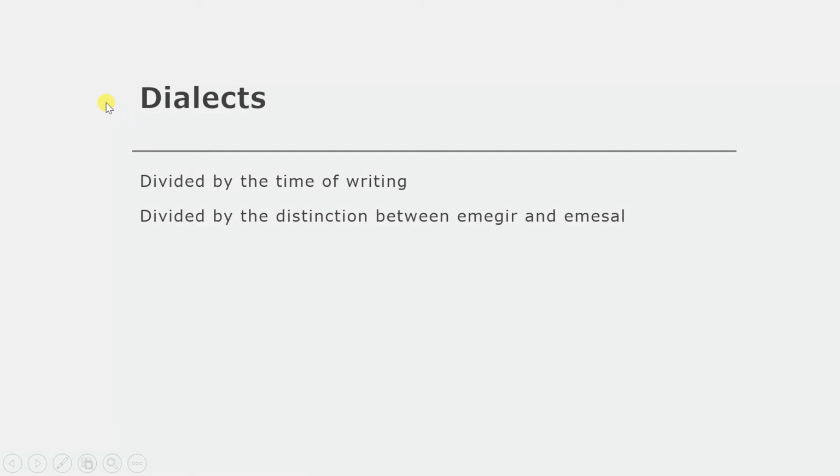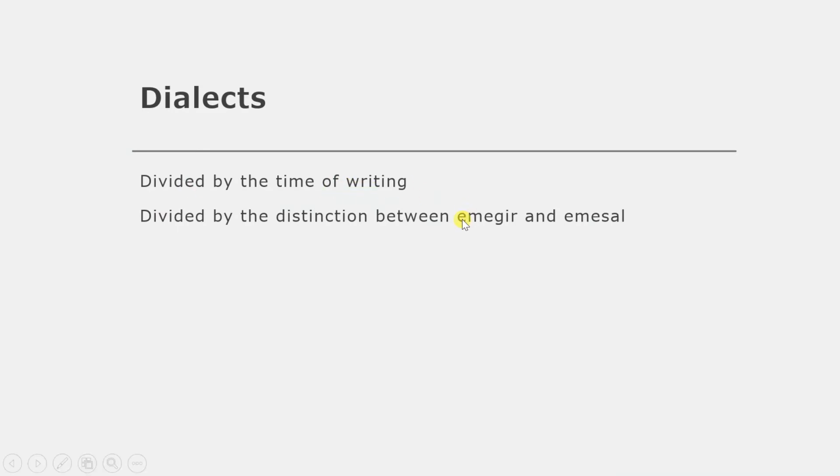It's also quite interesting to talk about the dialects of Sumerian. You can divide the dialects into sort of the time that the language was written, like we talked about, archaic, classical sort of periods like that. But Sumerian also had this interesting sort of division between dialects, the Emegir and the Emesal dialects.